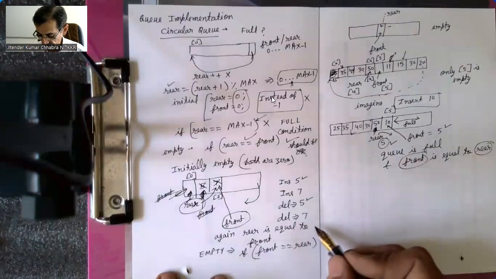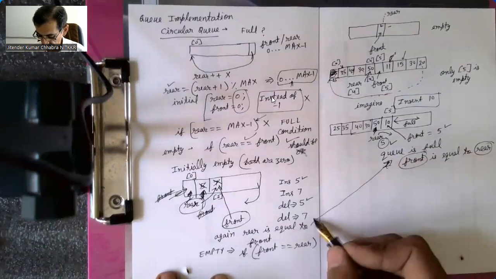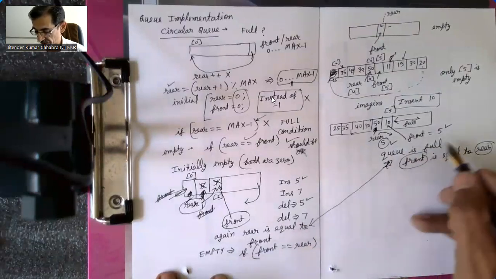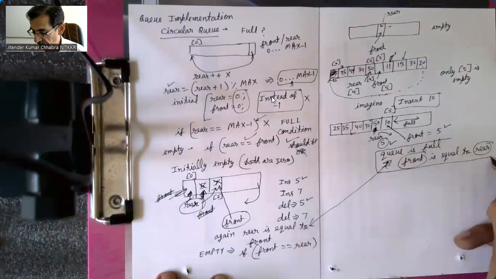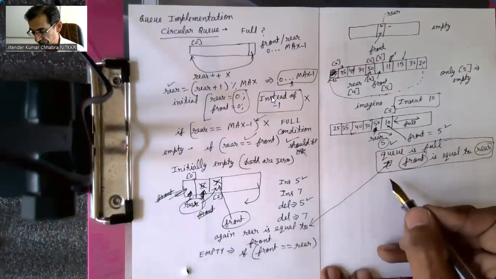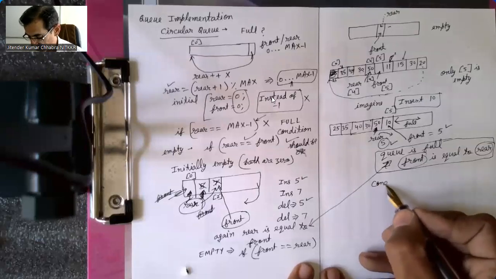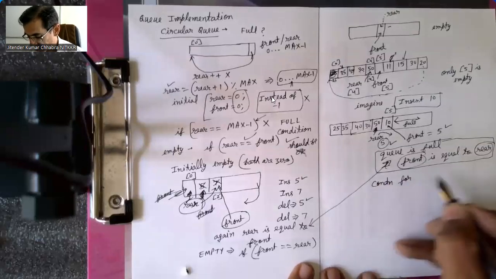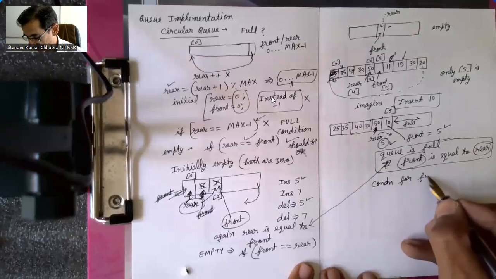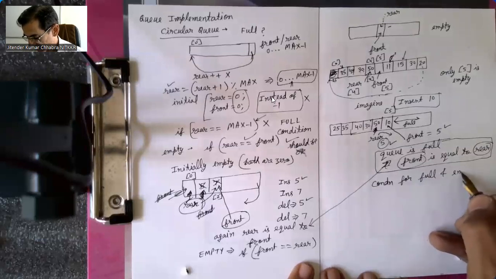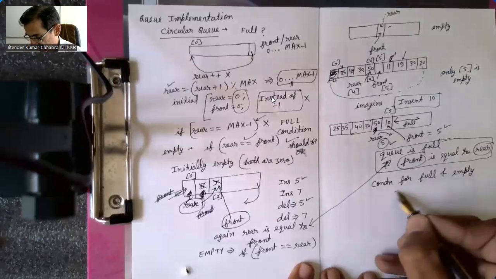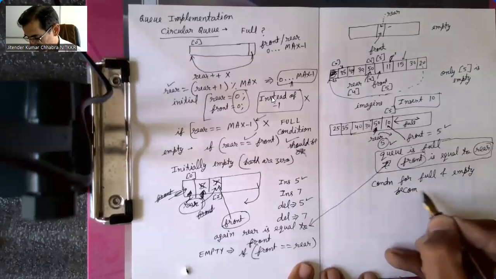Now I can see for full also the same situation is happening. So I will not be able to differentiate between full and empty. The condition for full and empty is coming out to be the same, and that we can't afford.